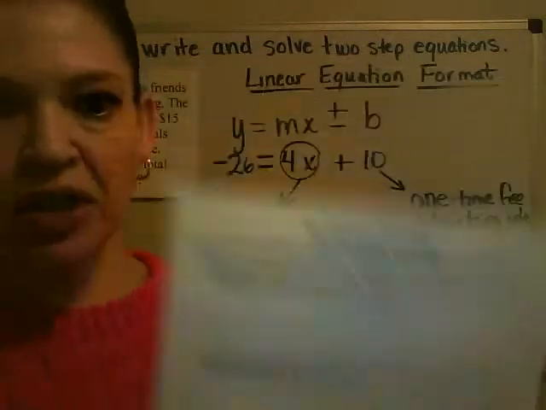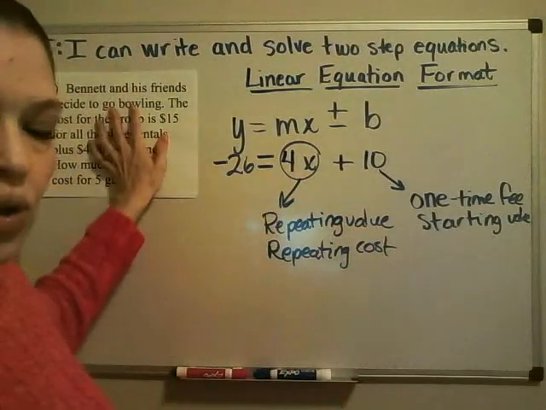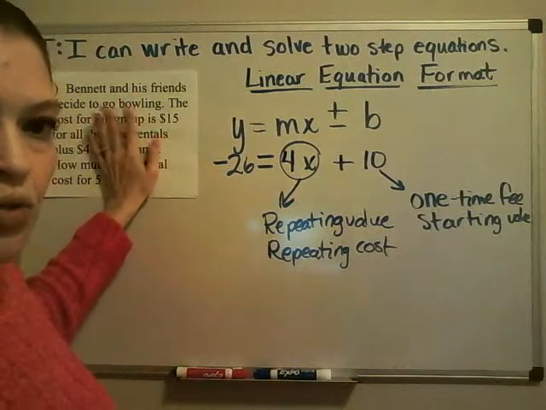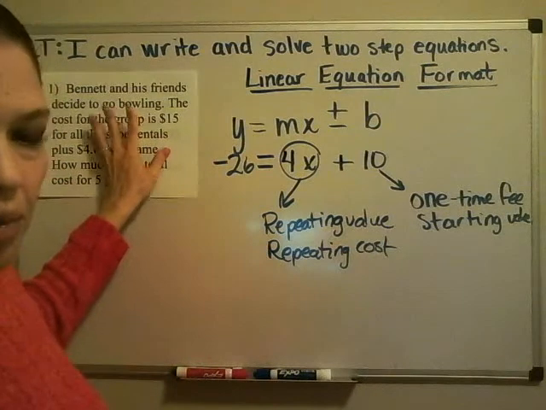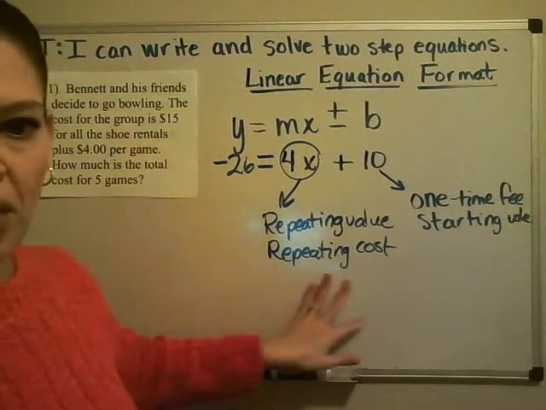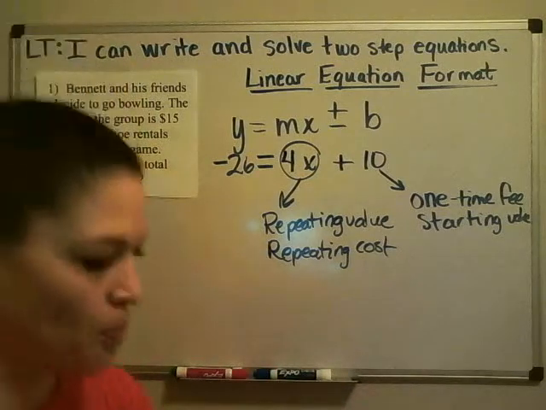I have reprinted it here on the side. And I'm going to walk you through how you would pull the numbers for this two-step equation word problem, and format it so that we can use our equation to solve whatever question they're asking us.